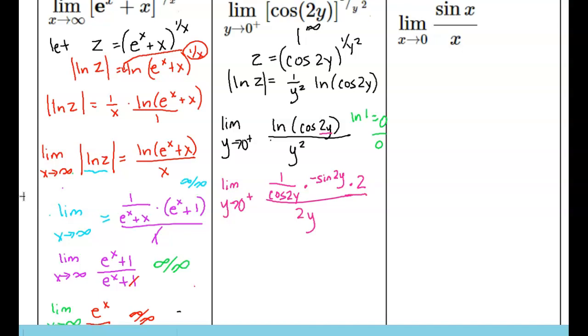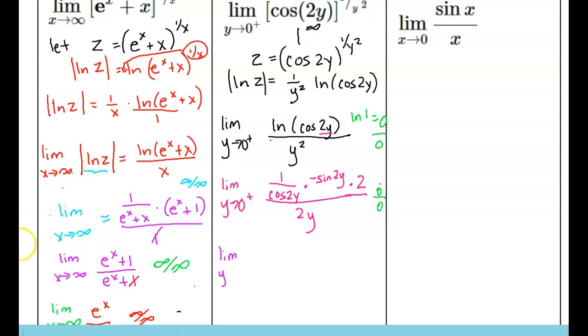So if we plug in 0, well, the sine of 0 is 0. So 0 over, as long as it's not 0, that would be 1 times 2. So this would be 0 altogether on top. Plug in 0 here, and I get 0. So indeterminate, we're going to do L'Hopital's rule again.